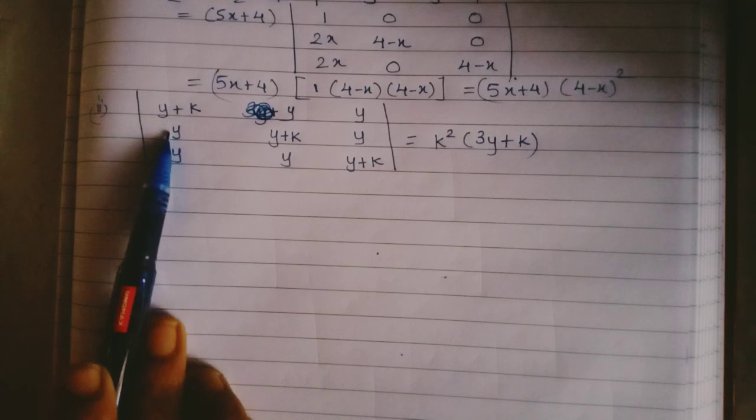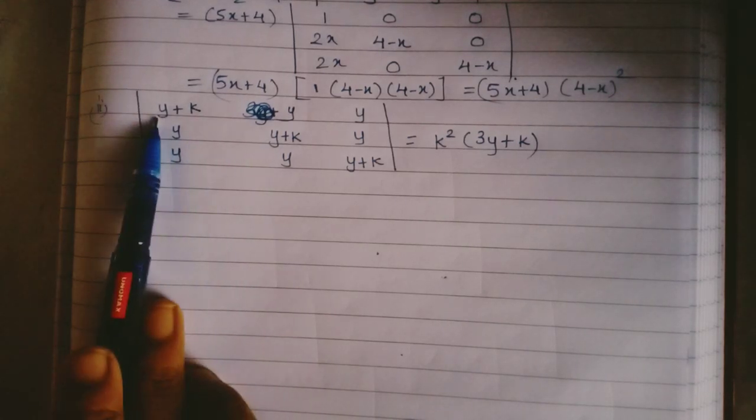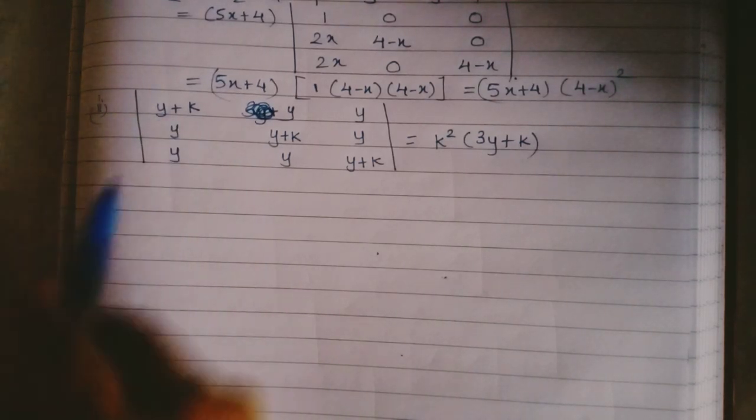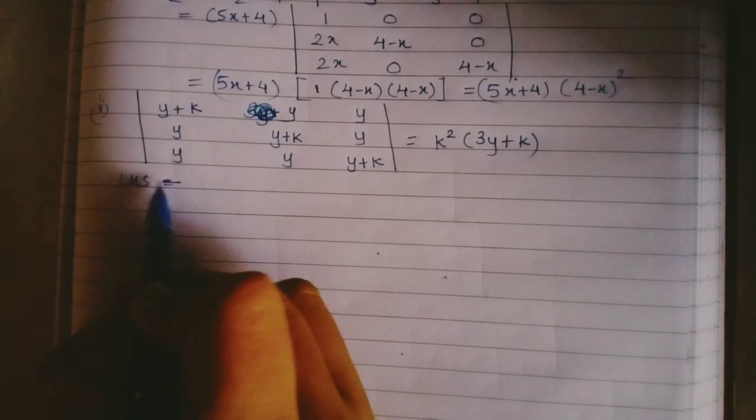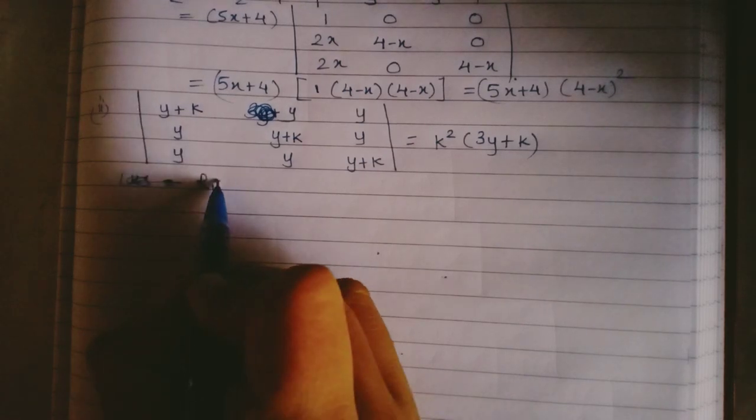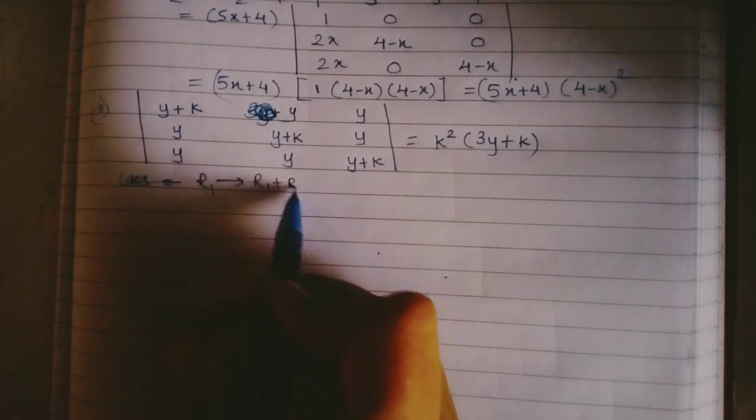Again, if we add along this, okay, then you will get here 3y plus k, right? So first step is clear, that is R1 we are changing to R1 plus R2 plus R3.